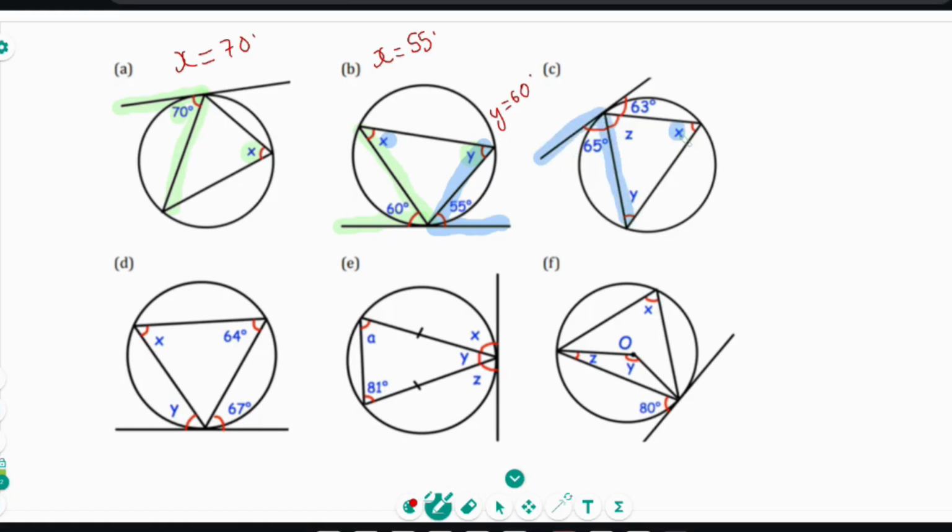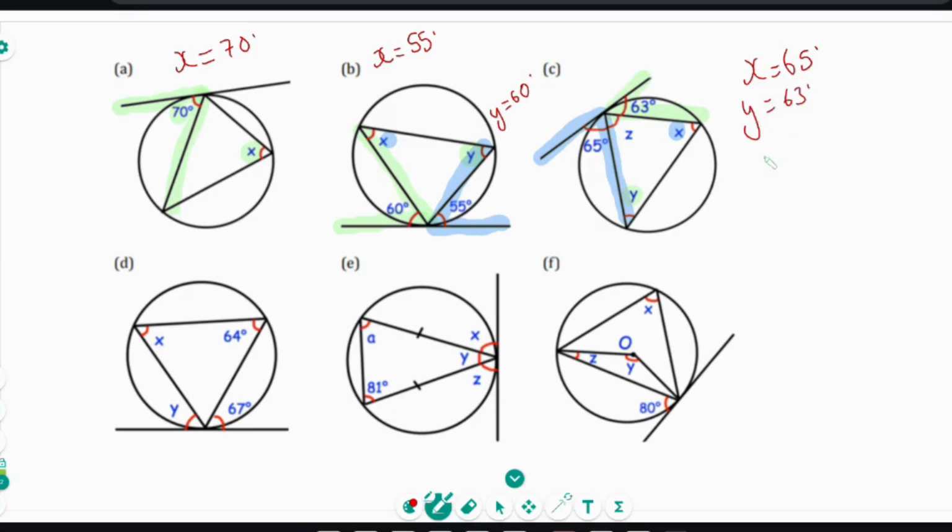Opposite angle X, 65. Opposite angle y, 63.